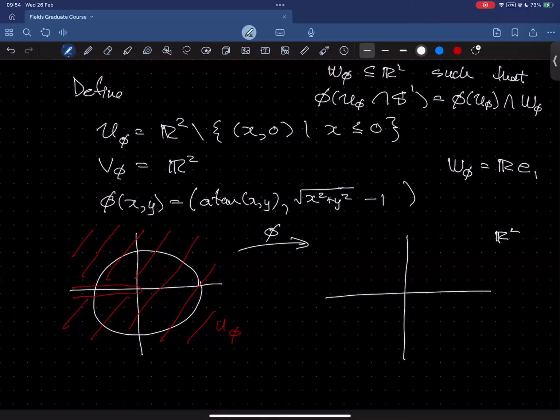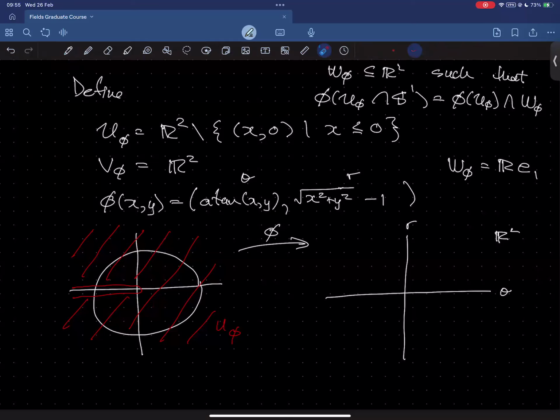Okay, so we're going to call this theta and this r. Note that r is really not quite r. It's the usual r minus 1, because I want it to be 0 on the circle. So what are the values of theta for points in u phi?